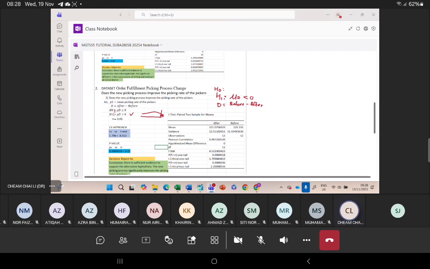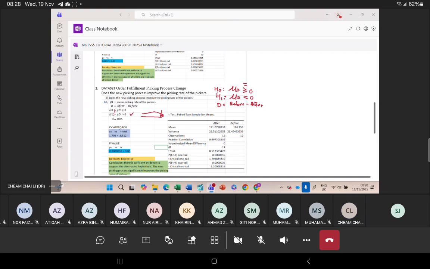So if we take the small before minus the big after, the sign will be negative, so you have less than 0. For the null hypothesis, you can put either this sign, or you can also have the equal sign.